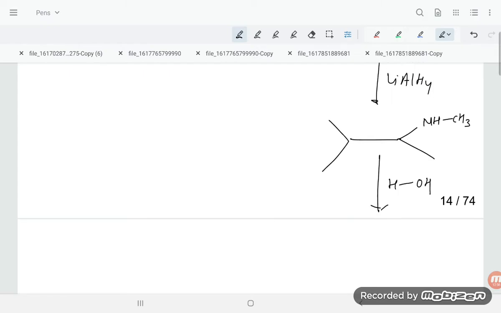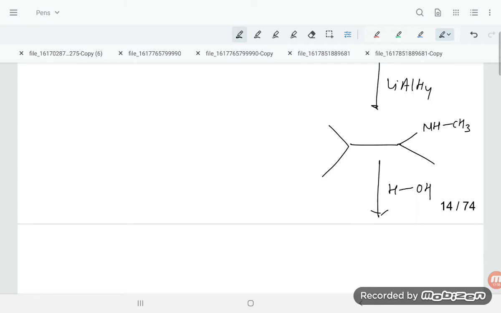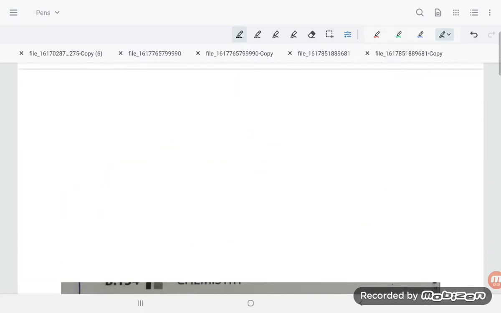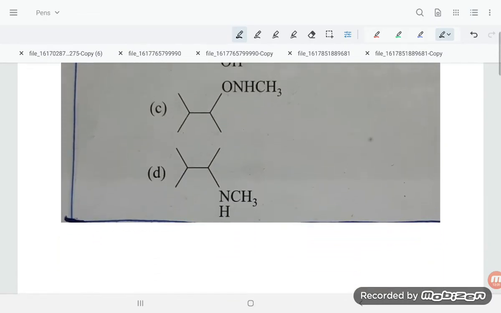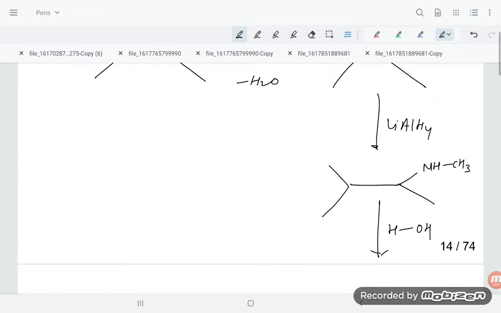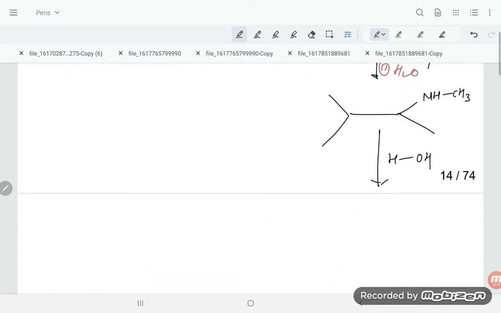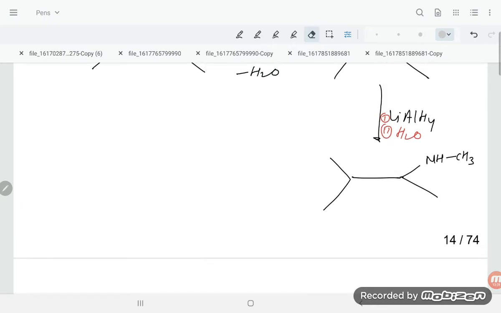Dear students, if you see the options, there is no other compound, because it will not go for further reaction. So this is our required product, because lithium aluminum hydride is the first condition, and the second condition is H2O. So our required product will be as it is, students.